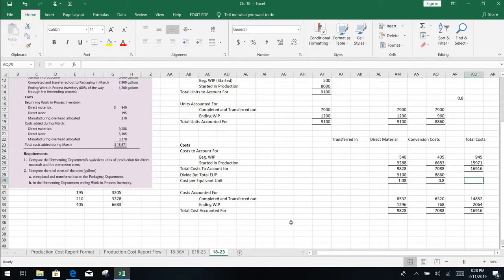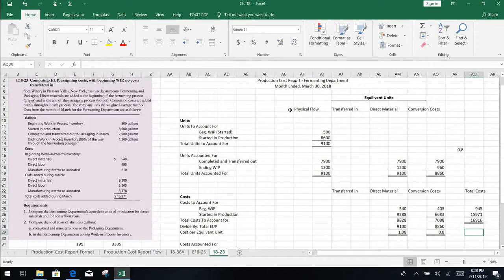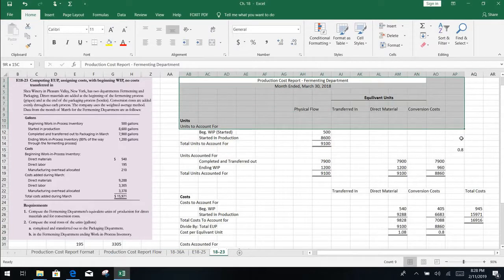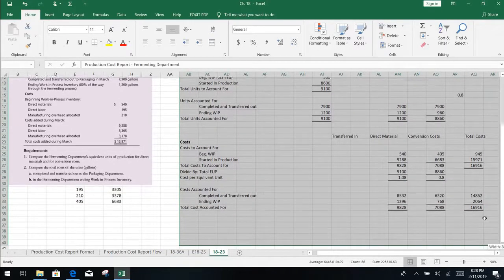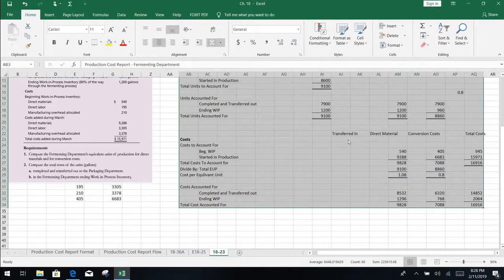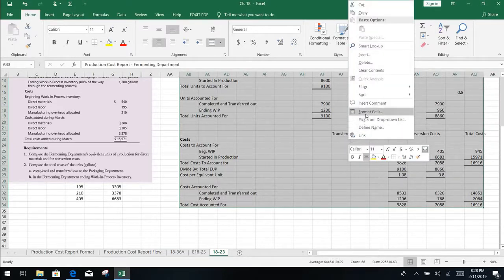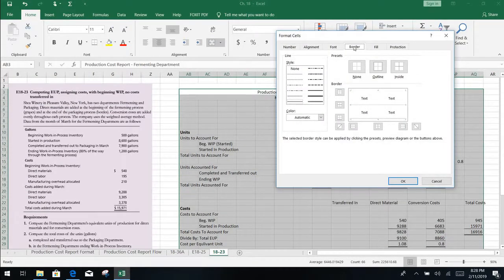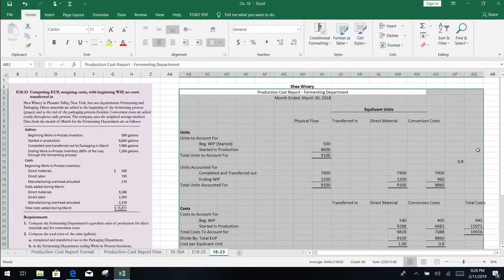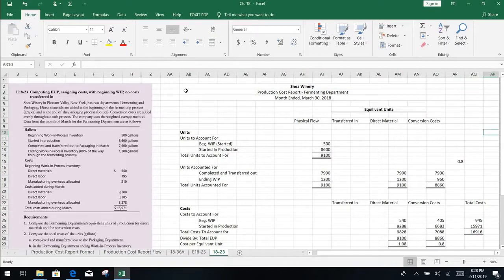So now that we've done that, let's check our work. So we can make it a little easier to read and compare it, I'm going to format this. Format cells, border, click. Make it a little easier to read. Well, it didn't do it.